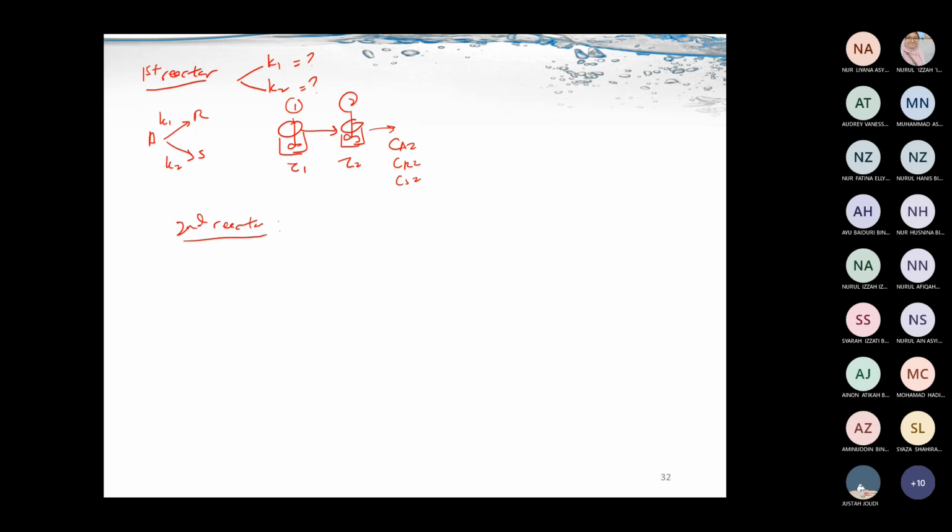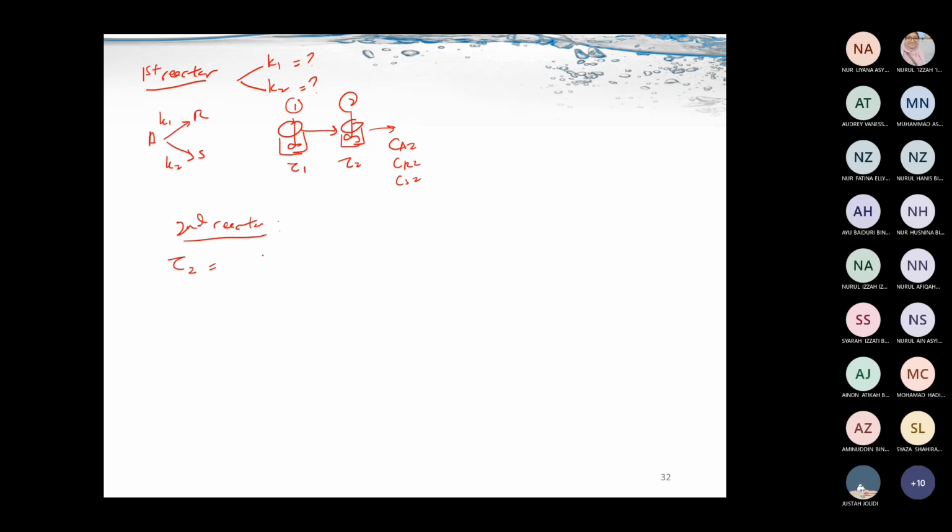There is information of tau 2, so you can use the same equation. Remember, for A we refer to A, for R we refer to R, and for CS we refer to S.